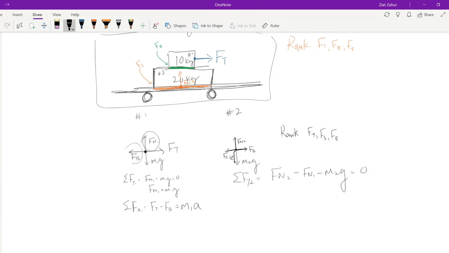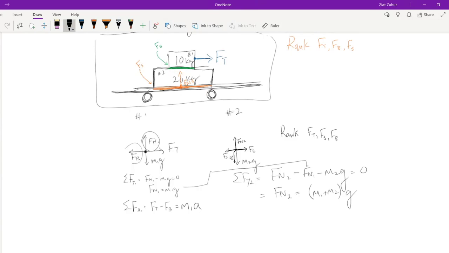But we know what Fn1 is. Fn1 is M1g. So we could say that the normal force experienced by block 2 is equal to (M1 plus M2)g. So substitute and isolate.